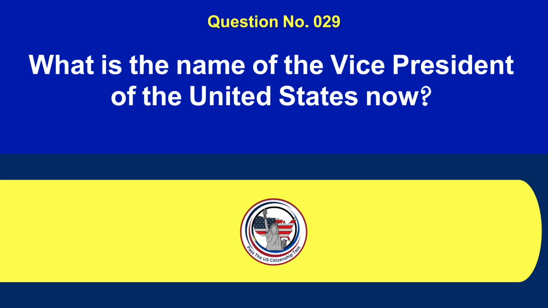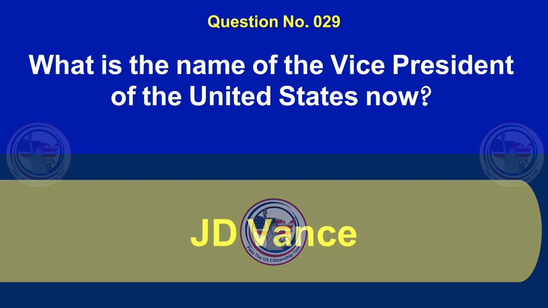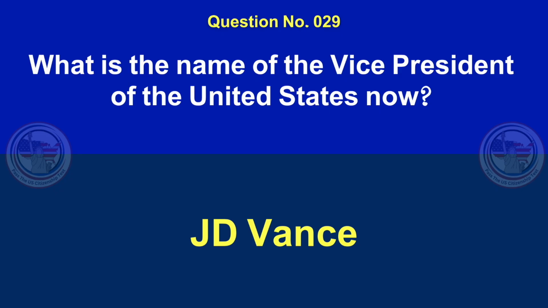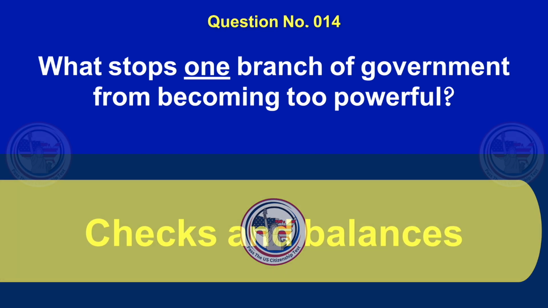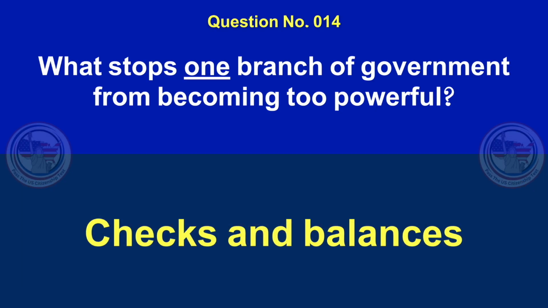What is the name of the Vice President of the United States now? J.D. Vance. What stops one branch of government from becoming too powerful? Checks and balances.